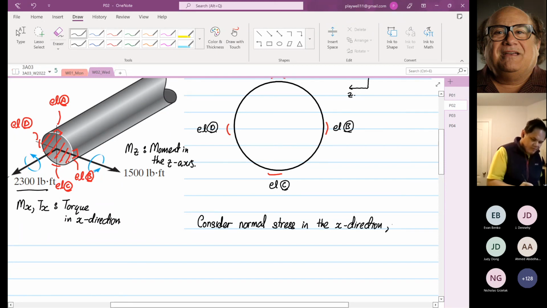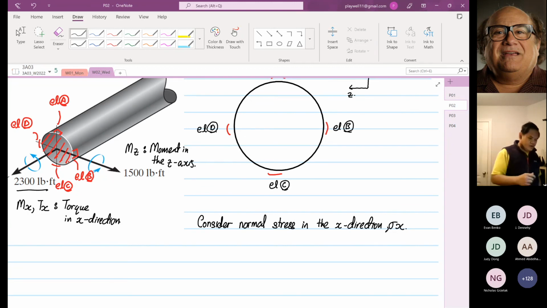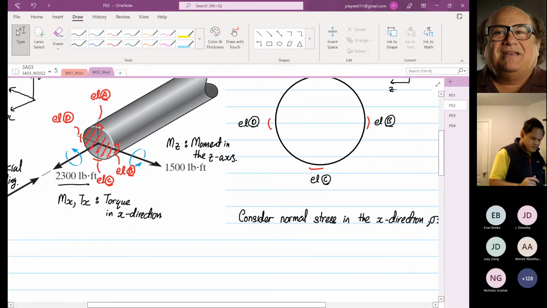When I write down the formula, you'll say, I have seen this before. You have moment in z.